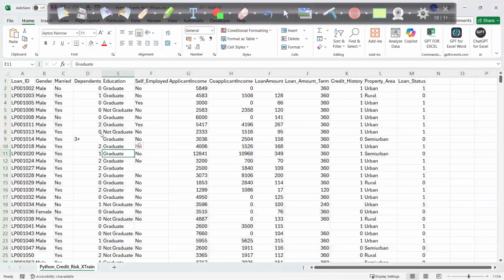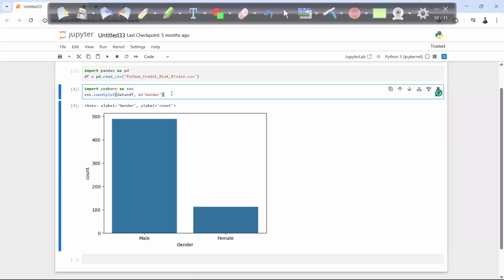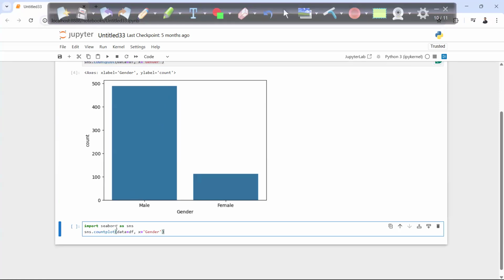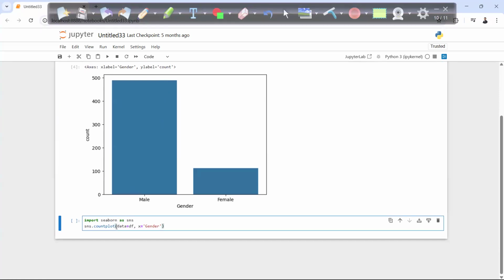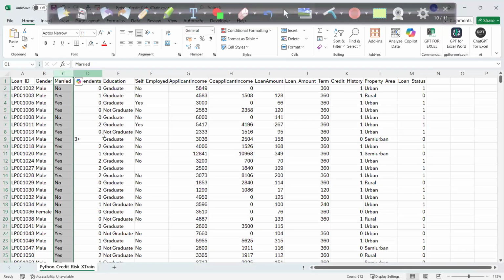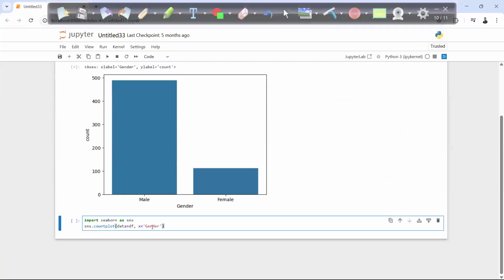Now I want to find out how many married customers there are and how many unmarried customers there are, right? So I'll take this married column and pass it here in place of gender.